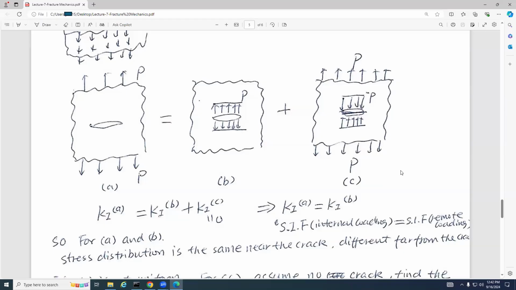You can see that KIA here equals KIB plus KIC. So for KIC, here is the P, and here is also the P, and these two cancel each other. It does not matter where you apply the P. This is what I want to say.